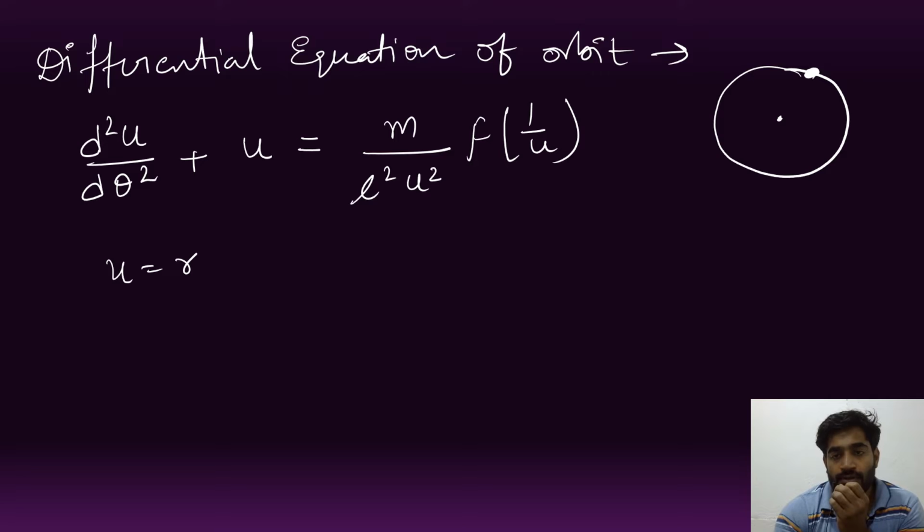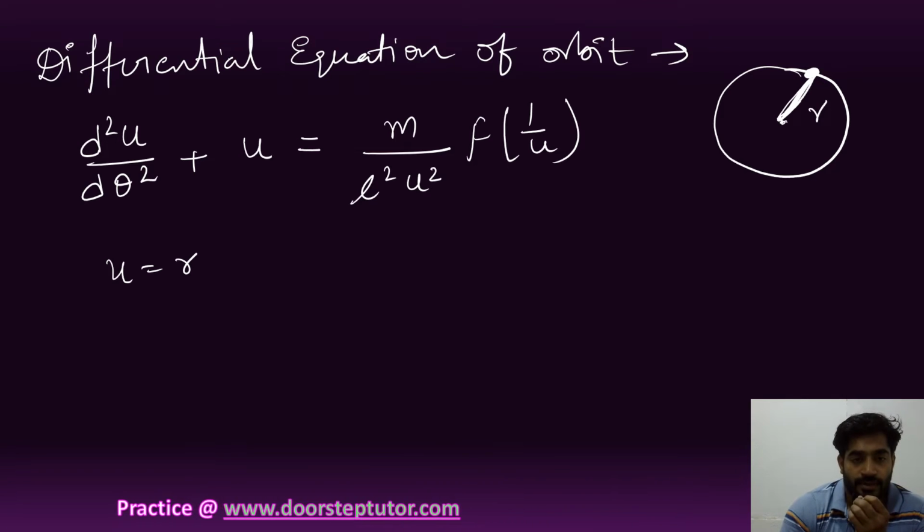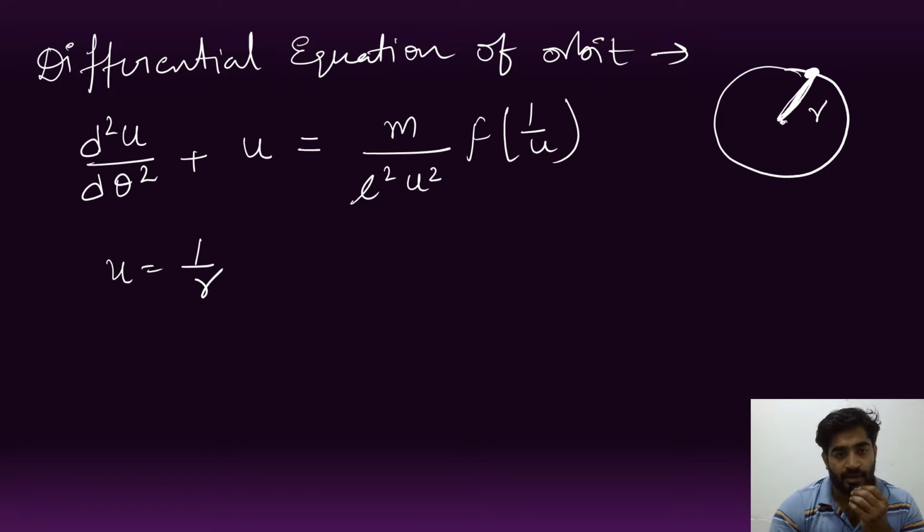So this is r. u is actually not r, it is 1 by r. m is the mass of that object. And what about l?